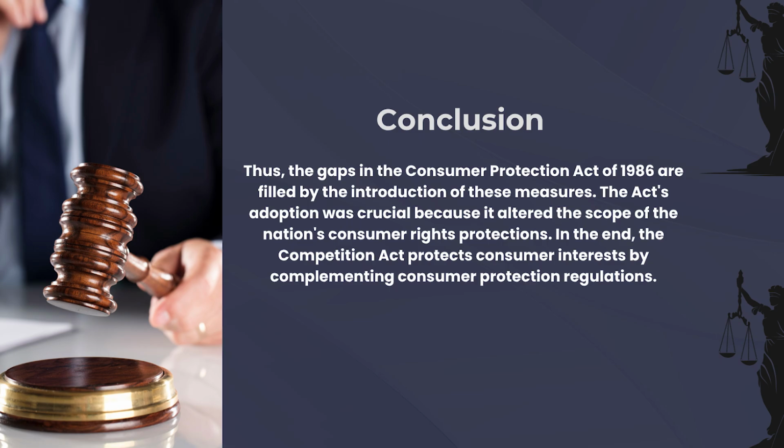Thus, the gaps in the Consumer Protection Act of 1986 are filled by the introduction of these measures. The Act's adoption was crucial because it altered the scope of the nation's consumer rights protection. In the end, the Competition Act protects consumer interest by complementing consumer protection regulations.